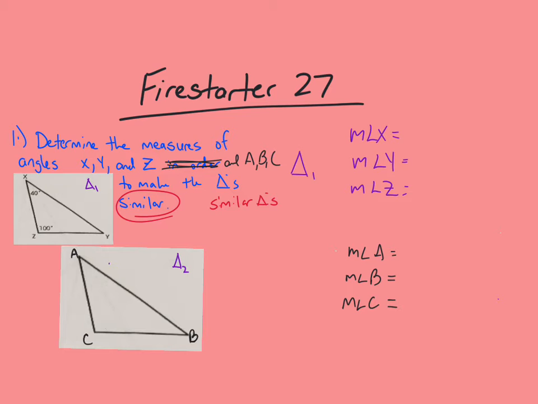What I have to know about similar triangles is that they have congruent angles, right? So all the angles have to be the same in the triangle. And the corresponding sides. When I say congruent angles, I mean they have to be corresponding.